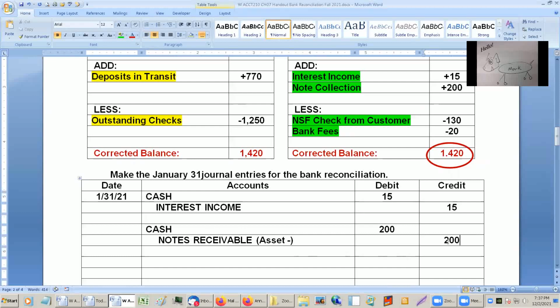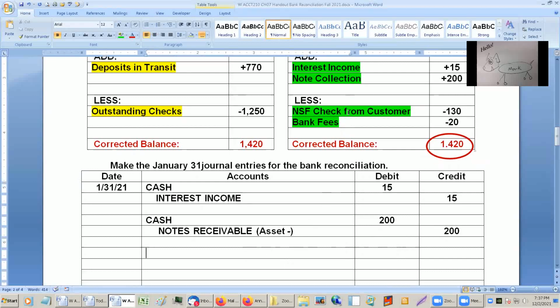And $200 collected from whoever owed us the money on the note. The NSF check is an interesting one.